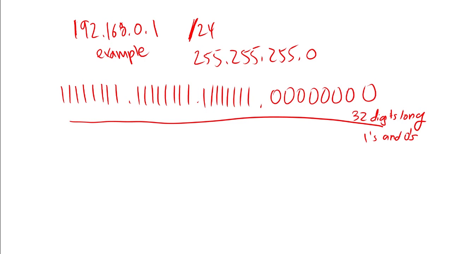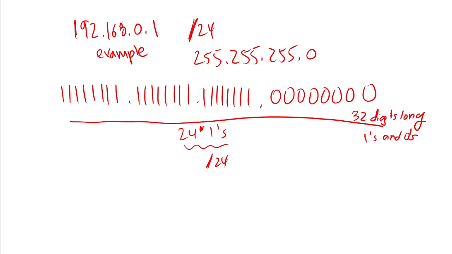In this case, I have 24 ones and 8 zeros. If there are 24 ones, then that means that this is a /24.